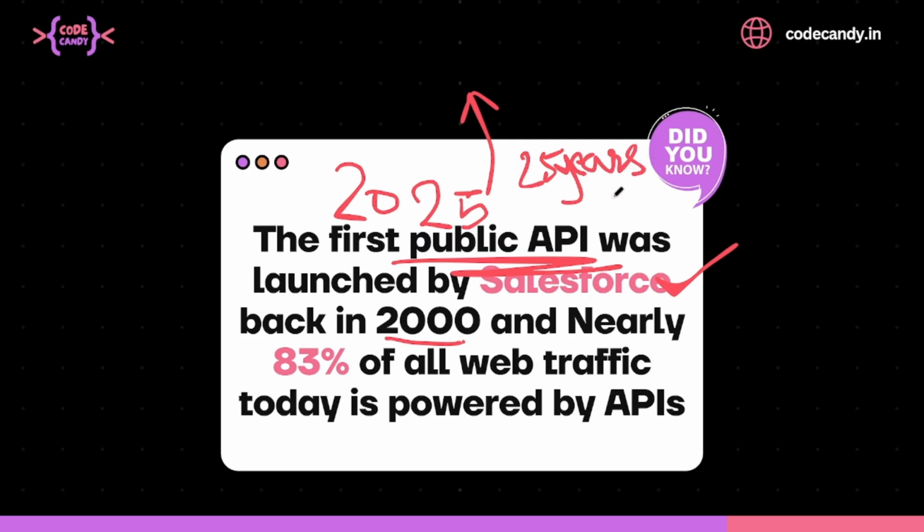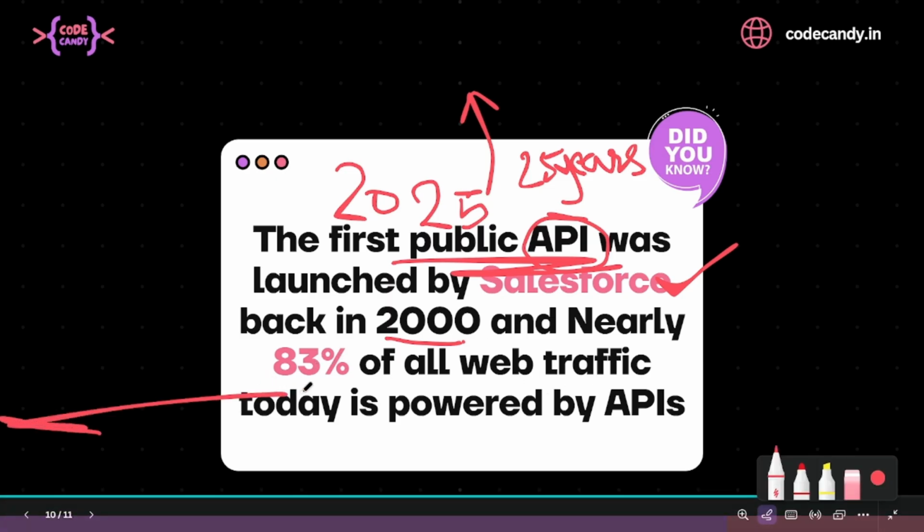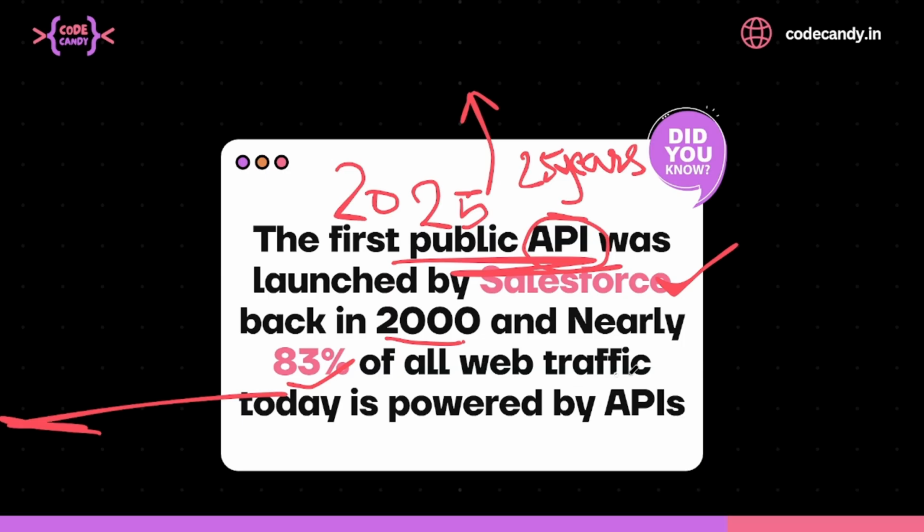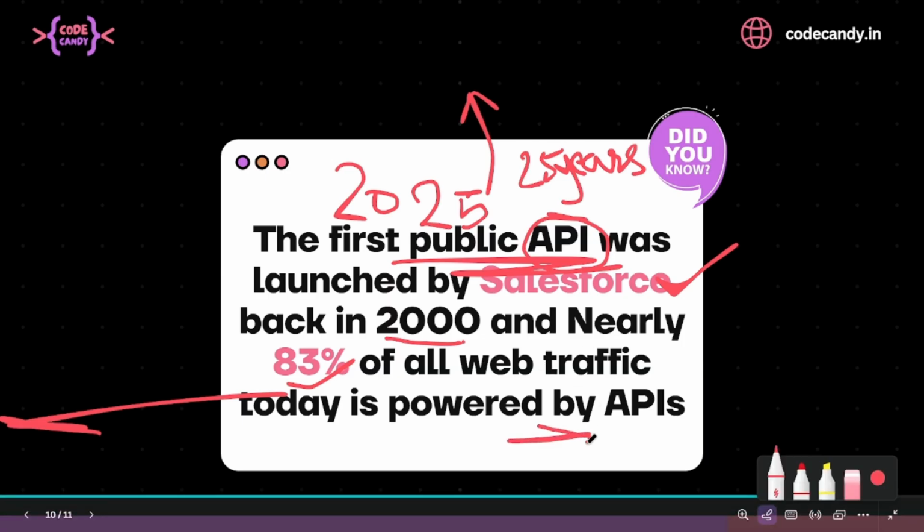Imagine how many apps and websites are being developed with the help of APIs only. Nearly 83% of website traffic today is powered by APIs. What is web traffic? You give a request, you get a response. Of all the request response traffic, 83% is because of APIs only.